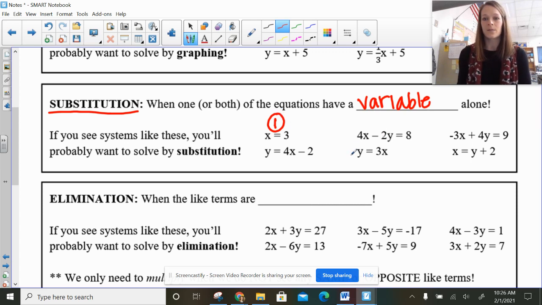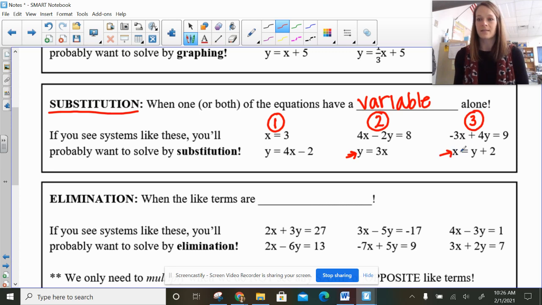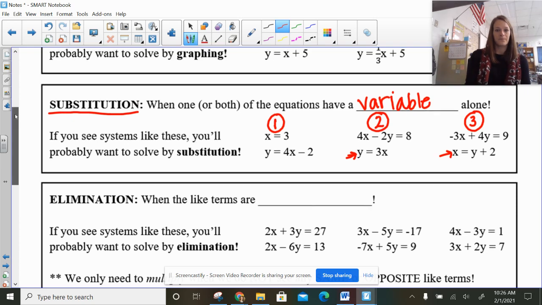This one has a y value that's alone, so substitution would be easier there. And over here, this one has an x that's alone. The rest of them looks like that's in standard form. Because the x is alone here, substitution will be easiest.